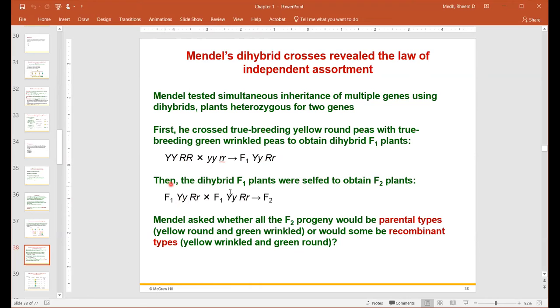So this is a dihybrid cross, and what you end up with is your ratio, which all of you know, right? You get a phenotypic ratio of 9:3:3:1, and this is yellow and round.